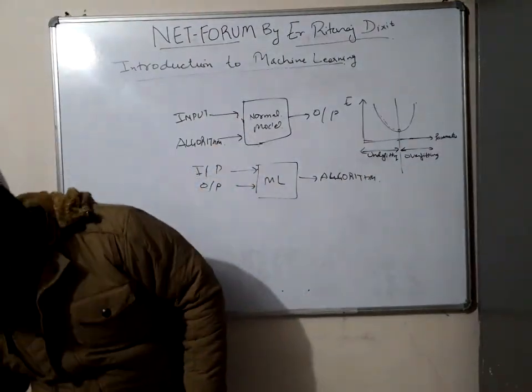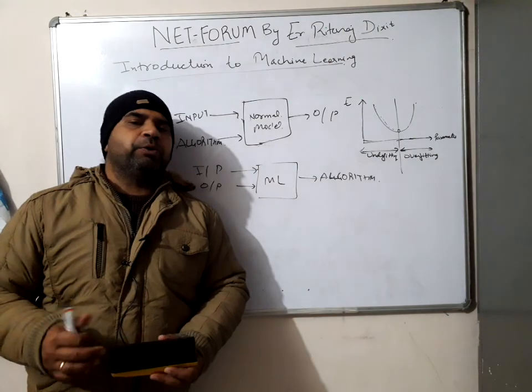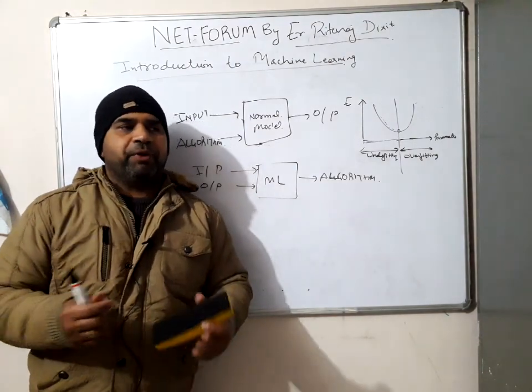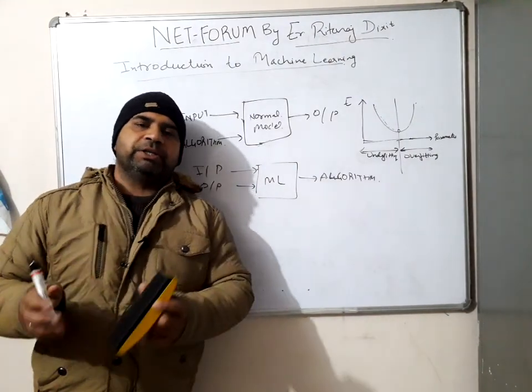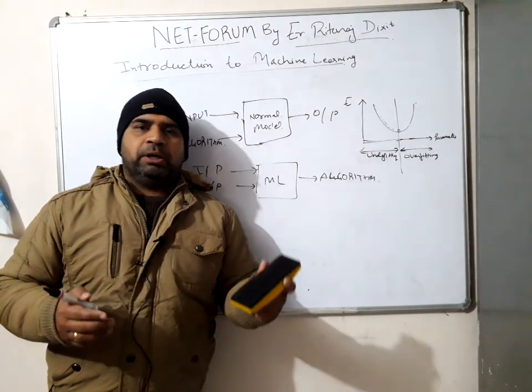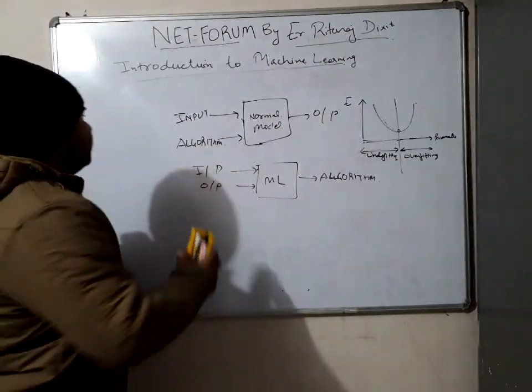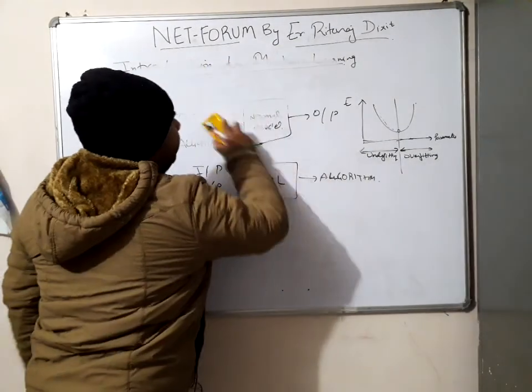So let's now classify machine learning into different parts, so that we will have an idea under which broad categories we have to discuss this whole big algorithm. Machine learning is ideally divided into three parts.